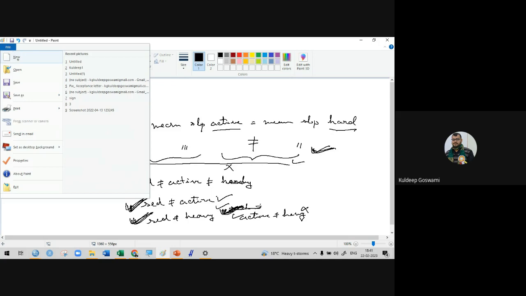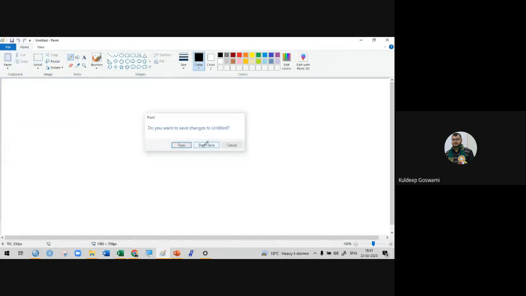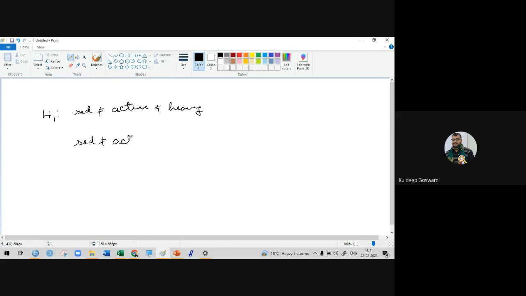Your result is satisfied for sedentary not equal to active not equal to heavy, right? But after post hoc, you are getting that sedentary is not equal to active, sedentary is not equal to heavy, but active might be equal to heavy.